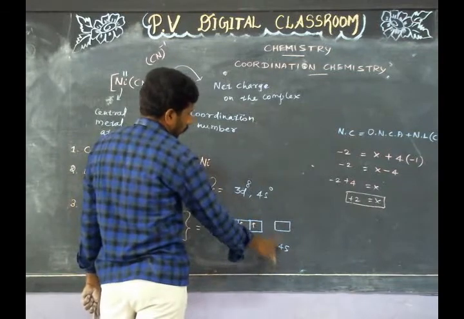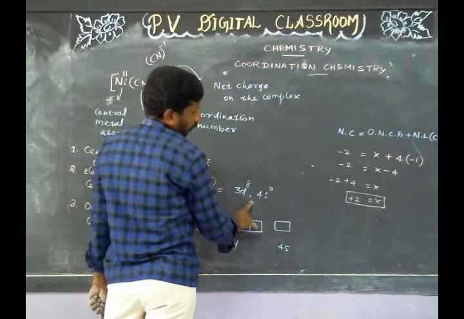The 4s orbital of the Ni2+ ion has no electron.